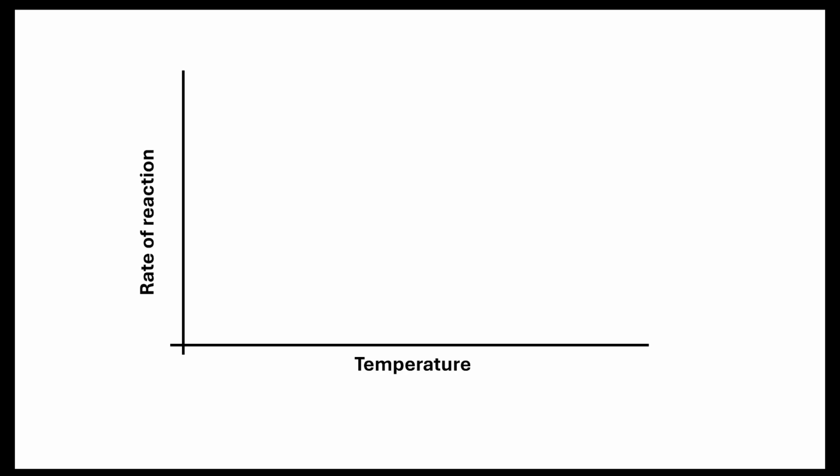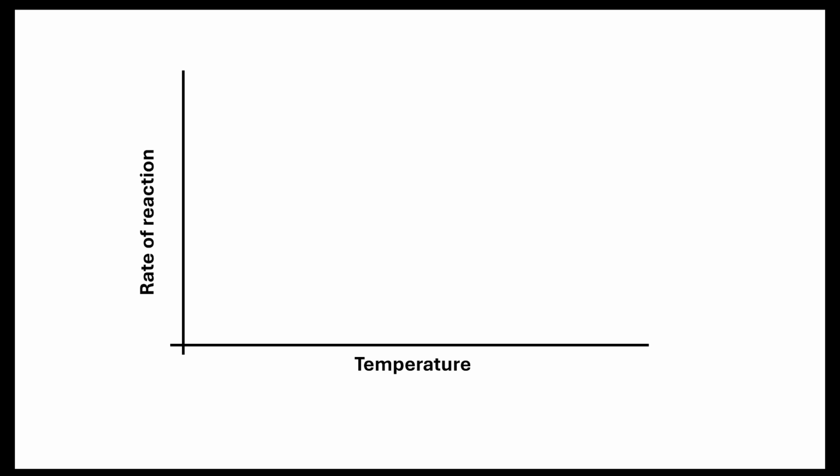Well, what happens then if we change the temperature? If we know that increasing substrate concentration is going to get us to our Vmax, we can then ask, how does temperature affect the rate of reaction? We know that our substrate has kinetic energy.